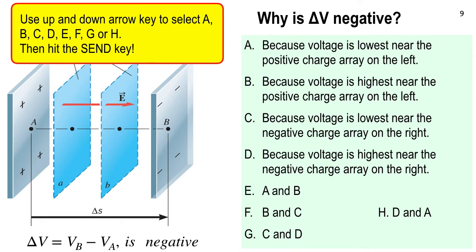And when you have A, B, C, D, E, F, G, or H selected, hit the send key. And it's definitely okay to talk it over with your neighbor, if your neighbor has a clue.